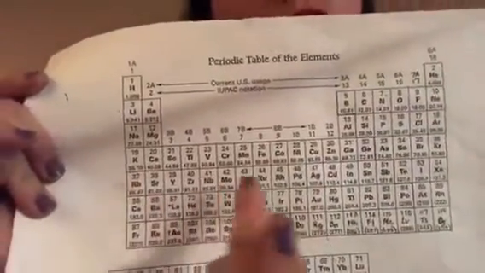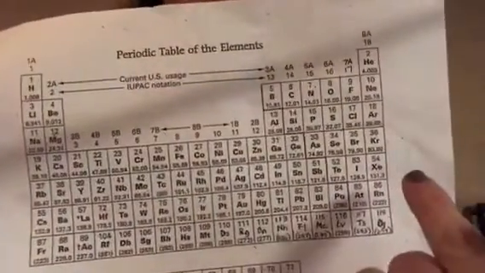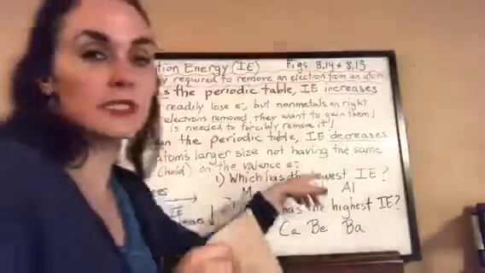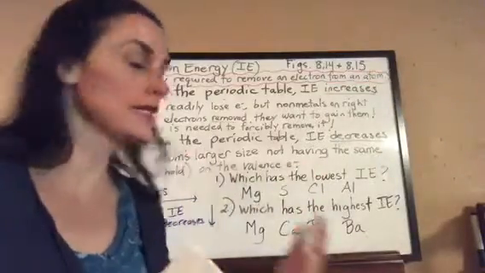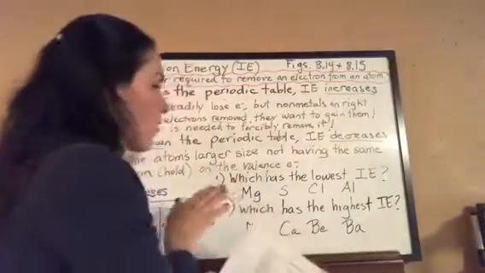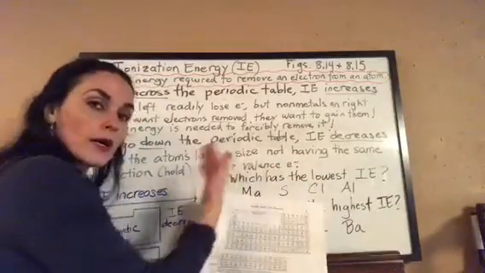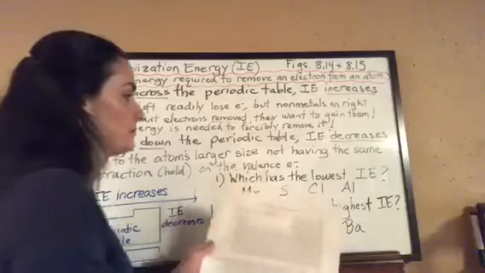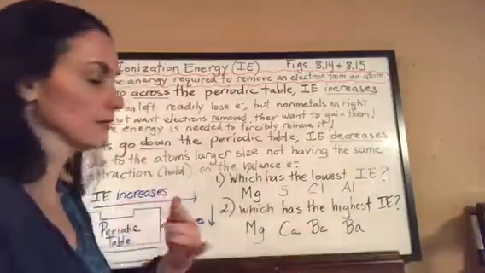Okay, ionization energy increases as we go across. So the higher ionization energies would be on this side versus this side. So we want to know what's the lowest. So lowest meaning that it decreases. So we want to look for an element that is more so on the left side of the periodic table, namely a metal. Okay, because metals have the lower ionization energy.